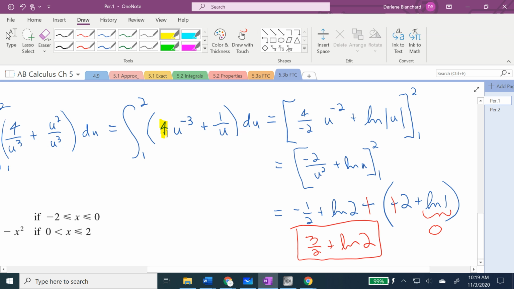So I've got my constant multiple of 4, and I'm just bringing that over. Then when I added 1 to negative 3, I got negative 2, and then I had to divide by that new exponent. So I was using the power rule in blue, and in yellow is the constant multiple.